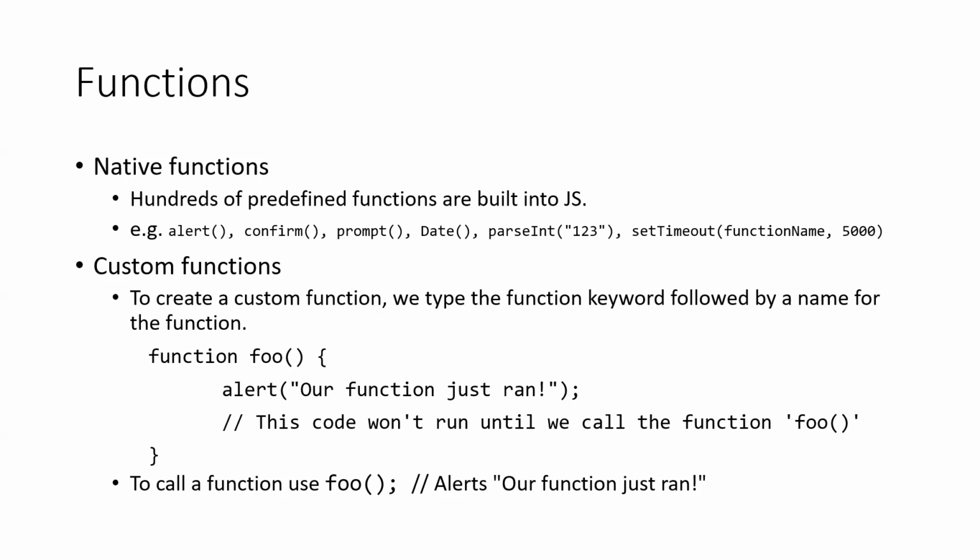And then there are other functions like Date, parseInt, which converts a string into an integer value. We can also have setTimeout for a function, and that's what you will see here, right? So these are what we call the built-in functions available.